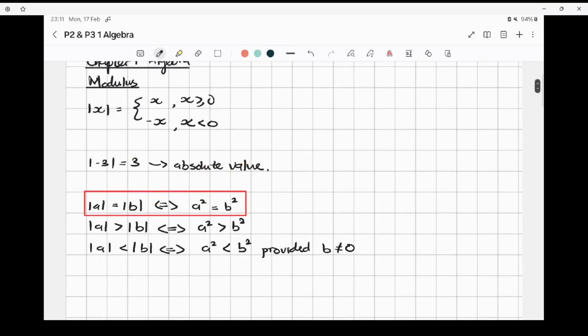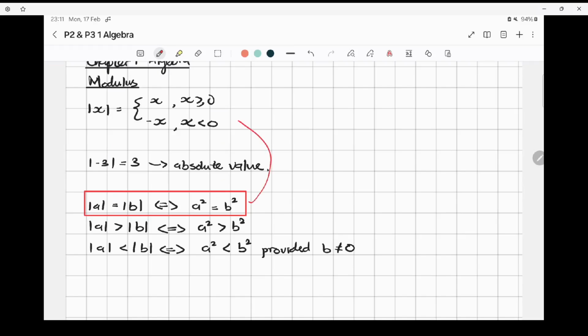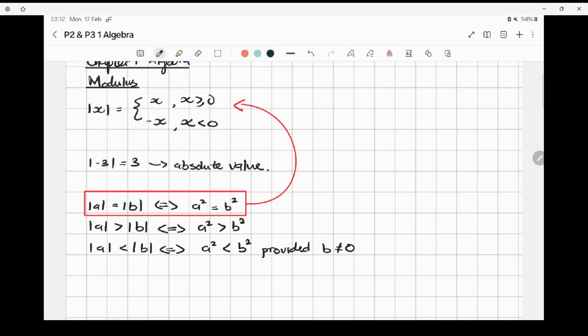On rare cases, you would break the modulus function down into the piecewise function, then solve for the solutions. But when you use this particular method, you need to be careful that some of the answers might not fulfill the modulus equation. We will look at these kinds of situations when we start plotting out the graph of modulus functions.